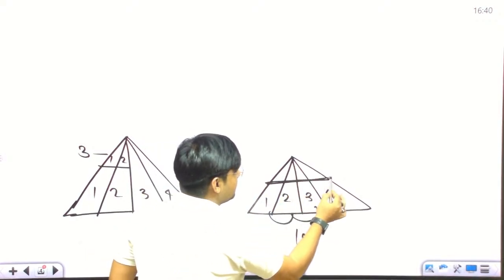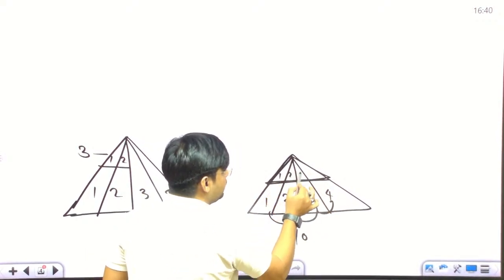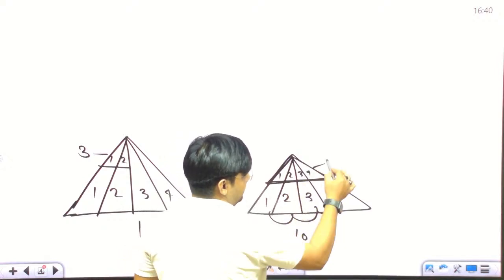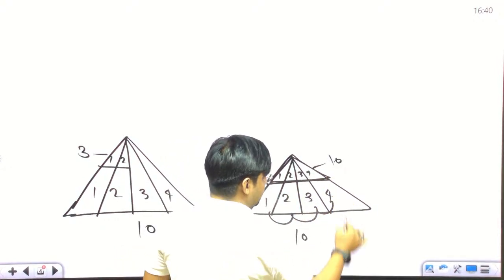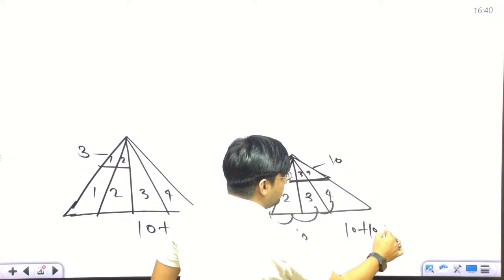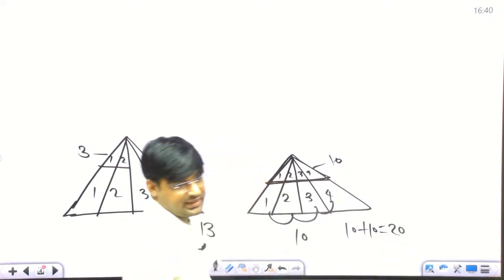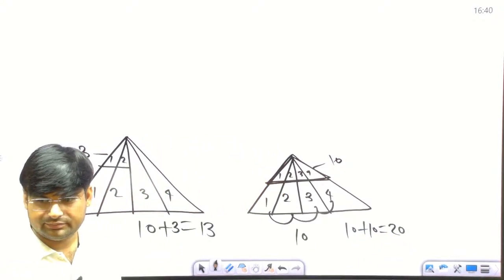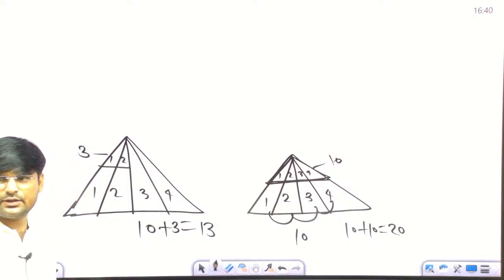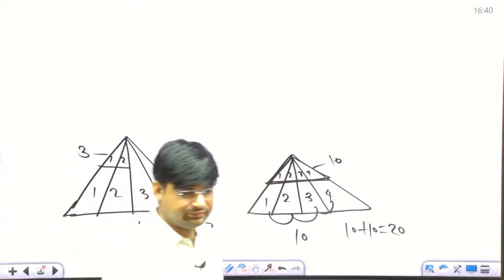And 1, 2, 3, 4, 10. 10 plus 10 equal to 20. Clear? It's a basic concept of triangle counting.